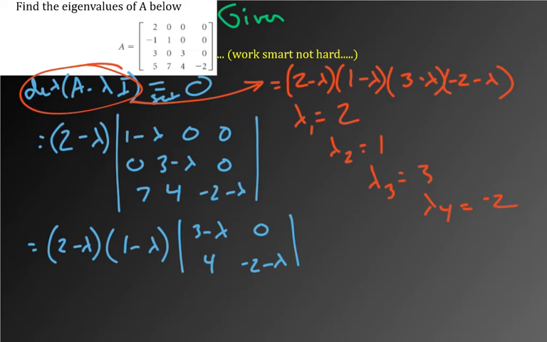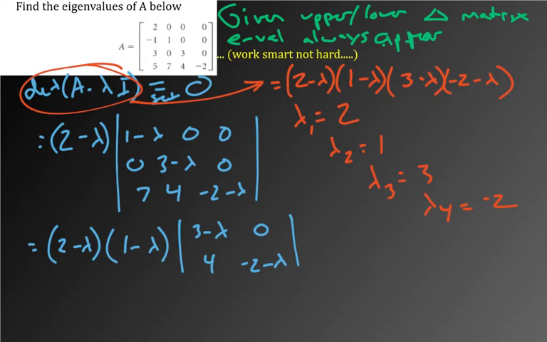Given an upper or lower triangular matrix, the eigenvalues always appear on the diagonal. Exclamation mark. Saves you a bunch of time.